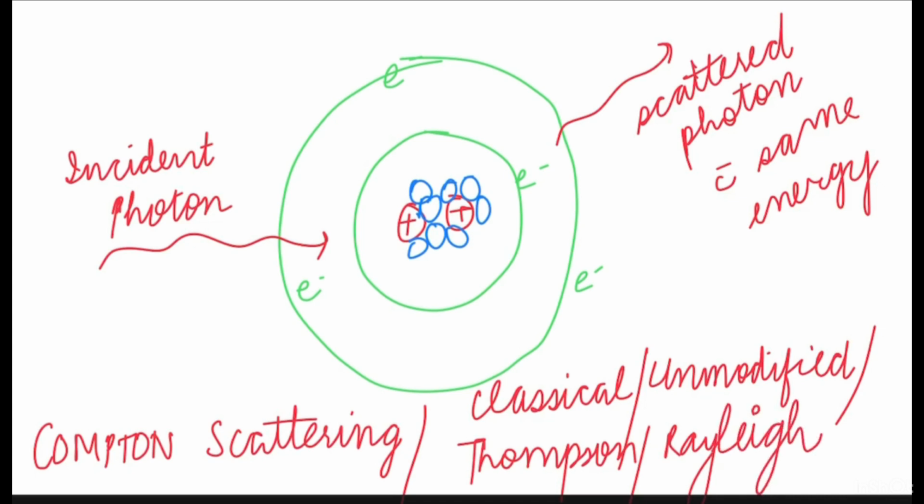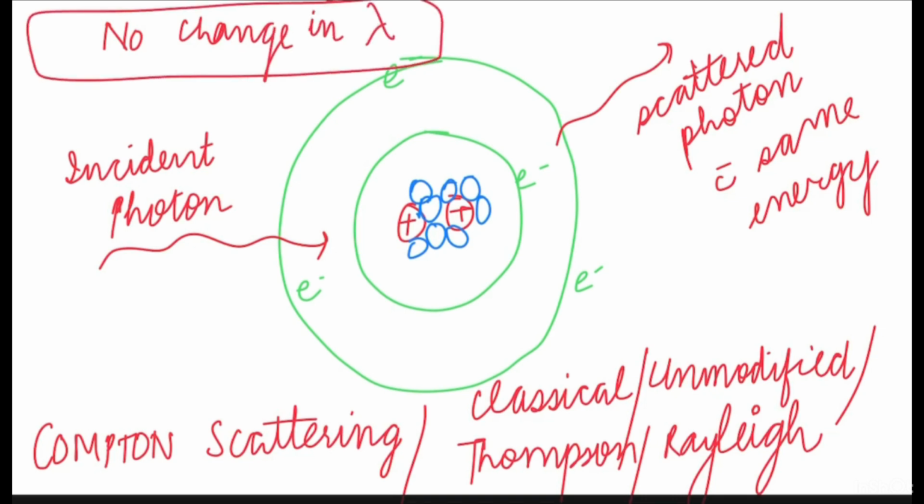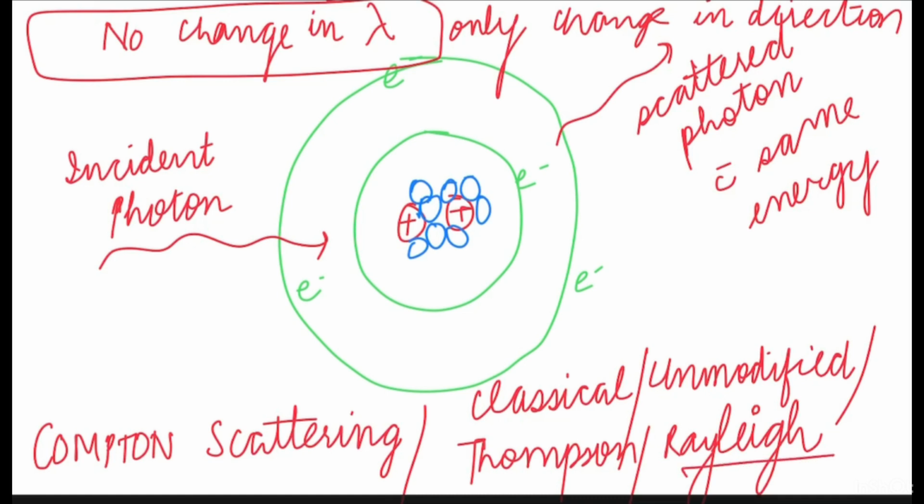In coherent scattering, the photon only changes direction, but there is no change in wavelength. There is only change in the direction. It is also known as Thomson scattering if a single electron is involved in the interaction, and Rayleigh if there is cooperative interaction of all electrons.